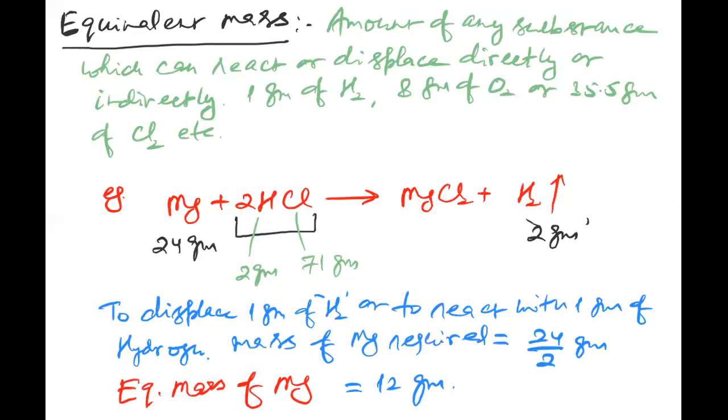I hope now the definition of equivalent mass is clear. 12 gram of magnesium can displace 1 gram of hydrogen, as 24 gram of magnesium can displace 2 gram of hydrogen. So it is the mass which can react or displace 1 gram of hydrogen, 8 gram of oxygen, or 35.5 gram of chlorine.